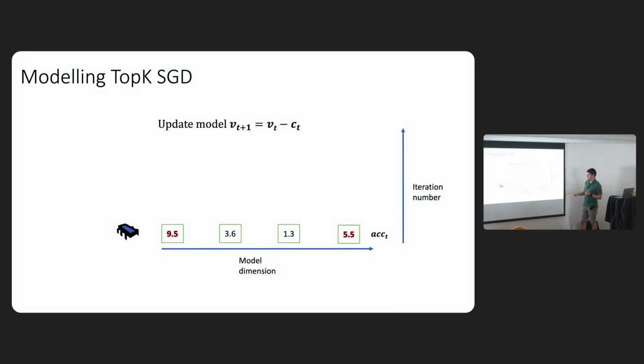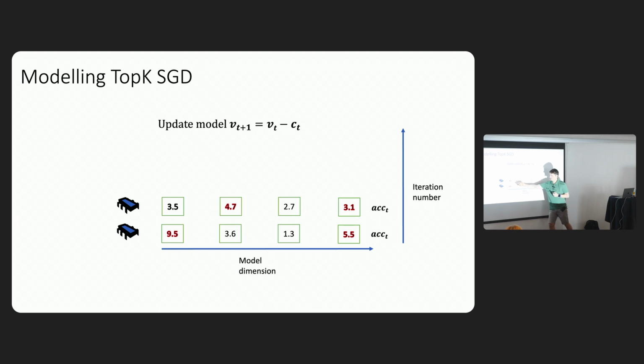Here I can illustrate how things are going, maybe pictorially a bit more. Imagine this is the model dimension, and this is the iteration number. At every round, let's assume all of our values are positive, we select the largest entries and we drop the smaller ones into memory. Then the node generates something more on top of every gradient.